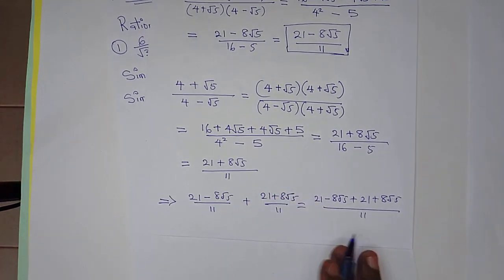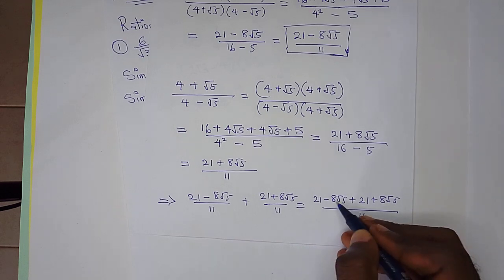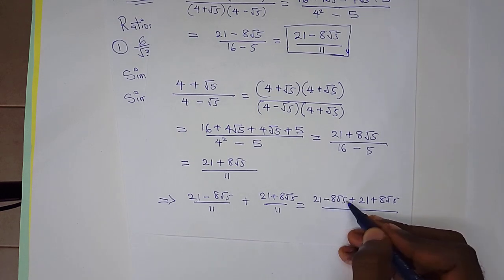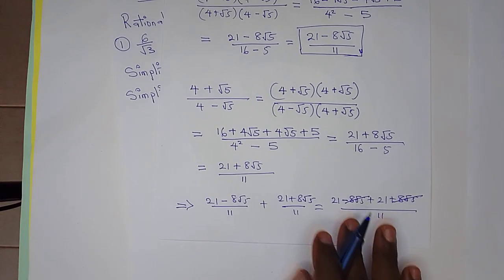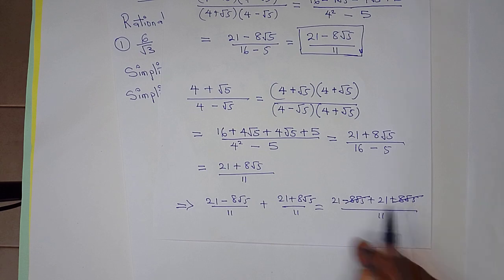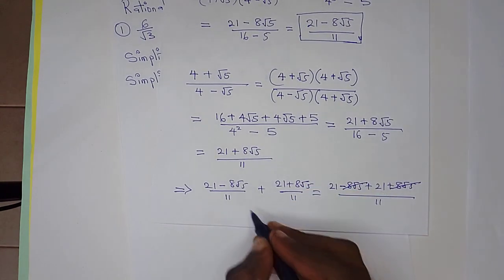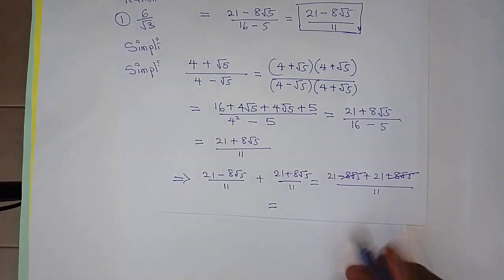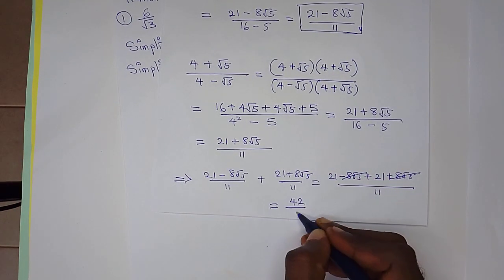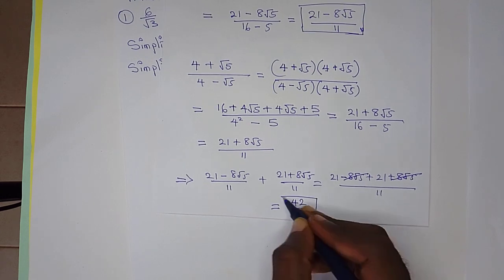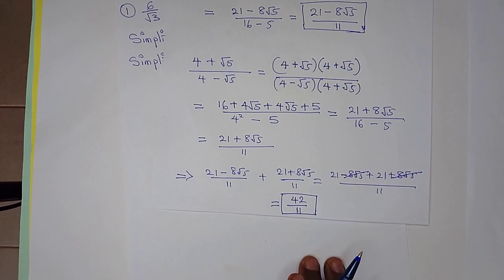So now we get our final answer by saying minus 8 root 5 will cancel plus 8 root 5. Then we say 21 plus 21, that will give us 42 all over 11. So this is our answer, 42 all over 11.